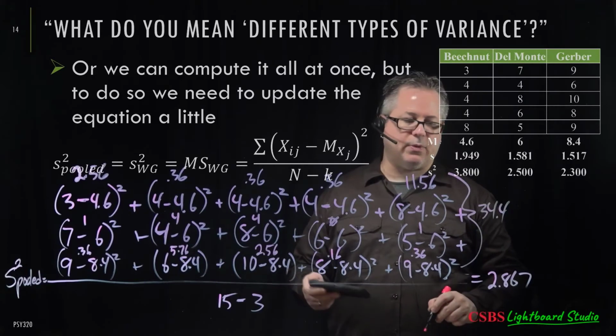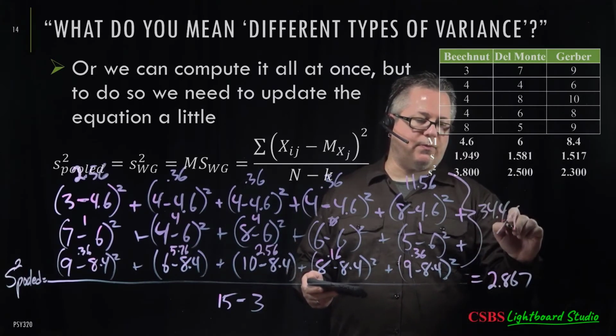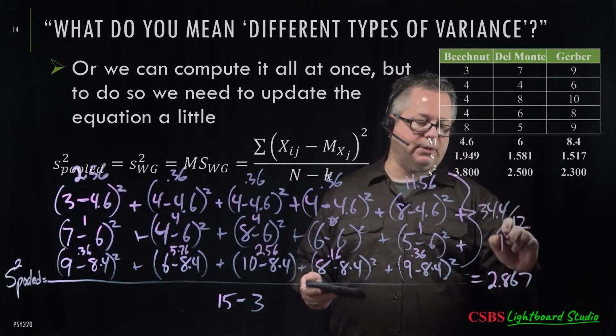Now at the bottom we got 12. We know that 34.4 divided by 12 in fact does equal that number.